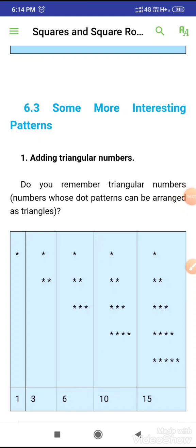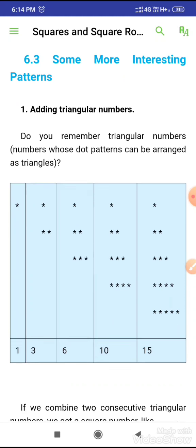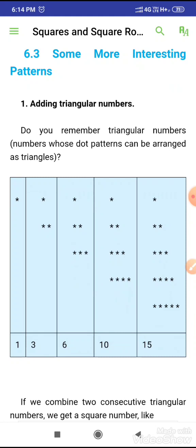Our next topic is some more interesting patterns, and the first part of this topic is adding triangular numbers. So I hope you all remember triangular numbers. Triangular numbers are the numbers whose dot pattern can be arranged as triangles. In the table, some triangular numbers are given.